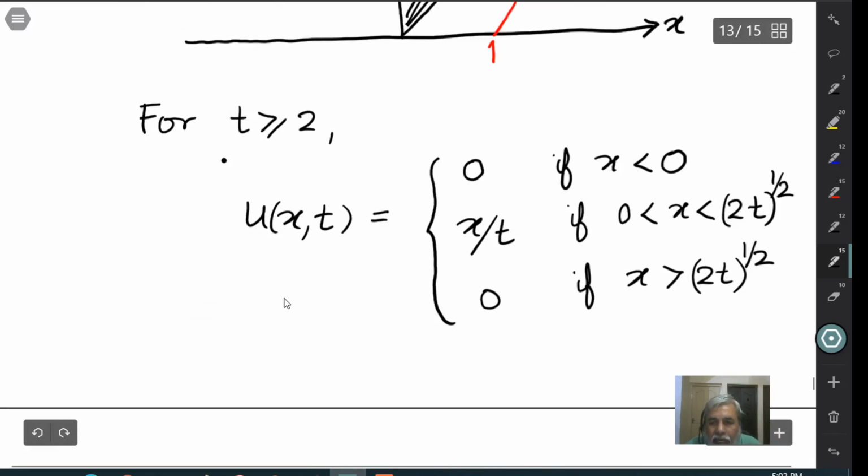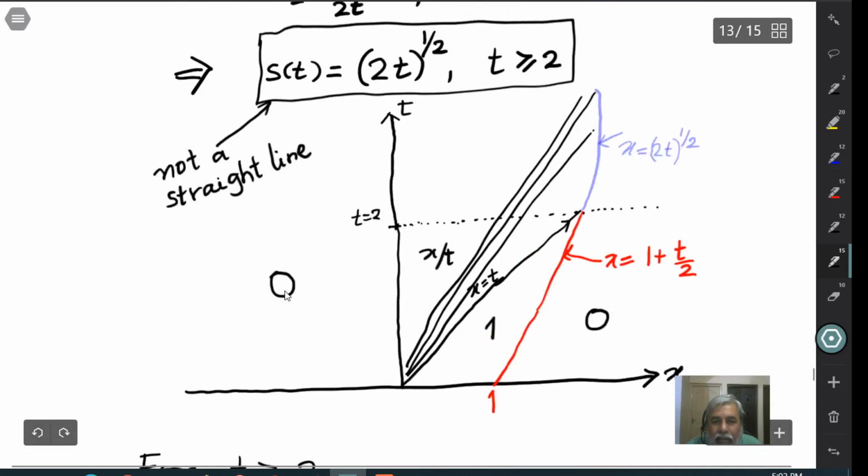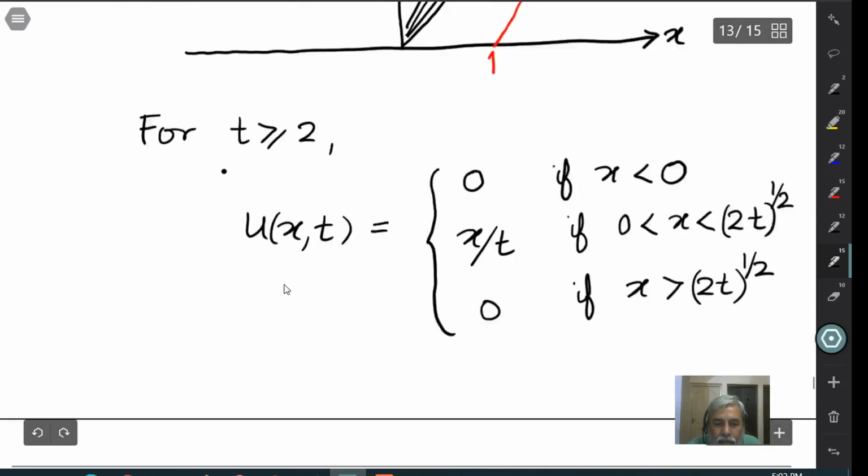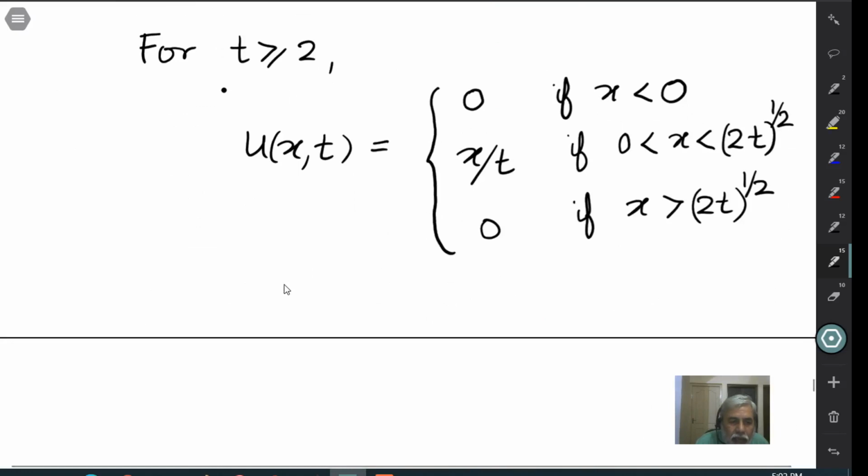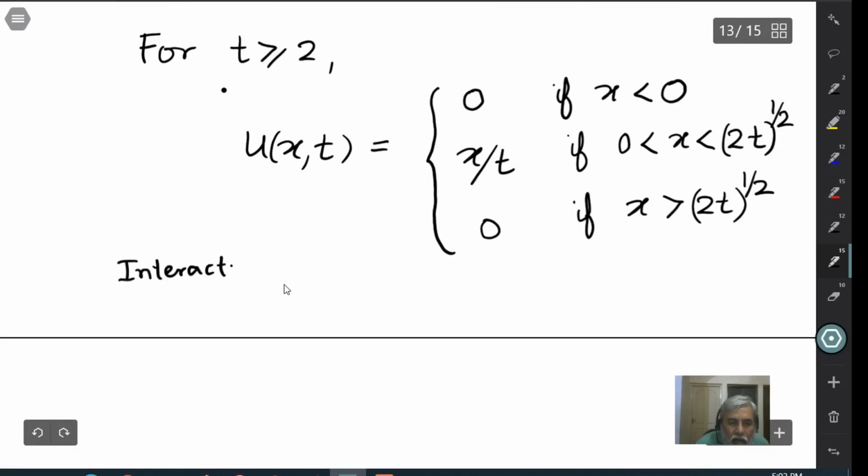Okay, so now let's analyze. This is the result of interaction of a rarefaction wave and a shock.